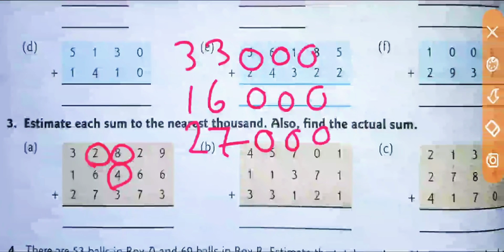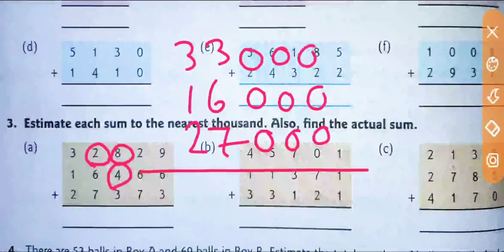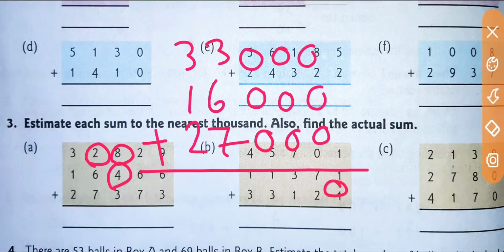So these are the rounded numbers. Now we have to add all of these. For the first column this is, for the next column this is, for the third column this is. Now for the fourth column, 16 and carry 1, and for the fifth column there will be 6, 6 plus 1 is 7. So this is the answer, 76,000.